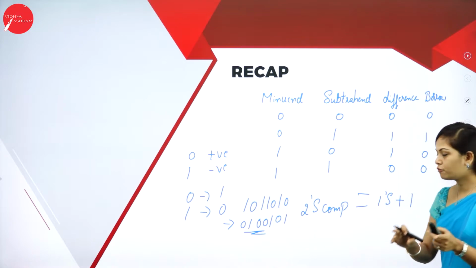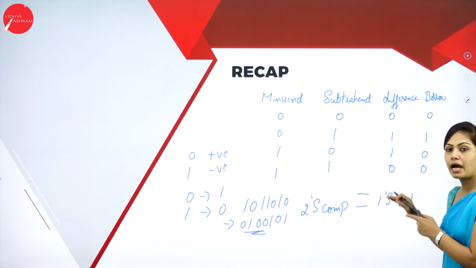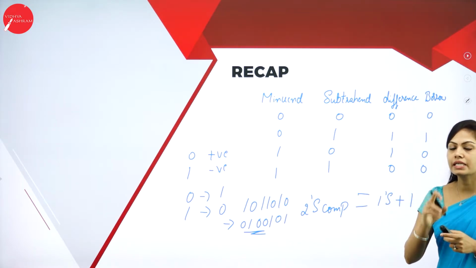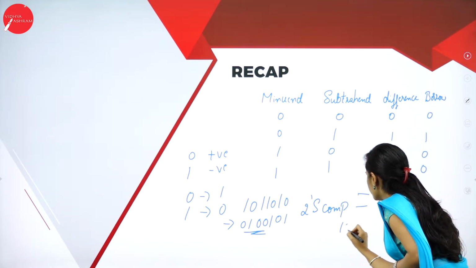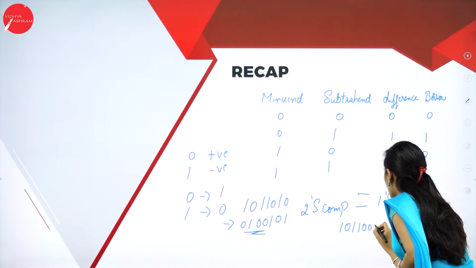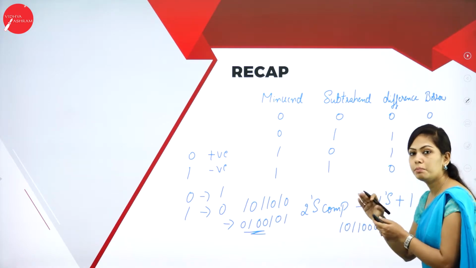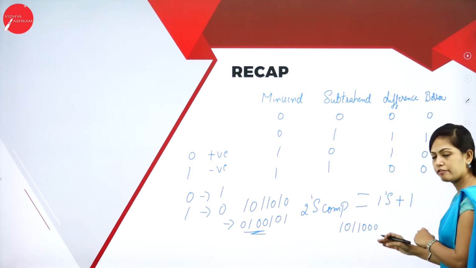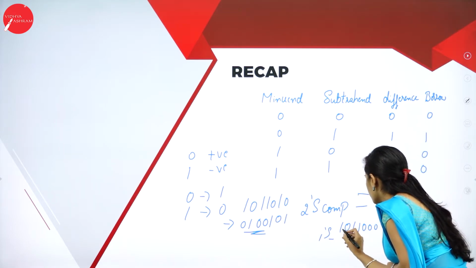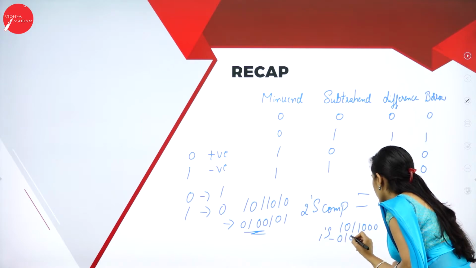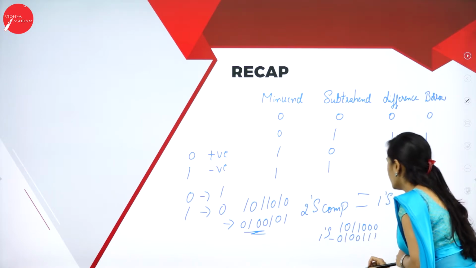First, you have to perform 1's complement and add 1 to the least significant bit. Example, here we have one binary value. First, you need to convert this into 1's complement. So, what is the 1's complement? 1 changes to 0, 1, 0, 0, 1, 1, 1.